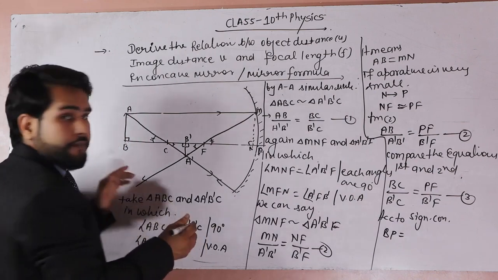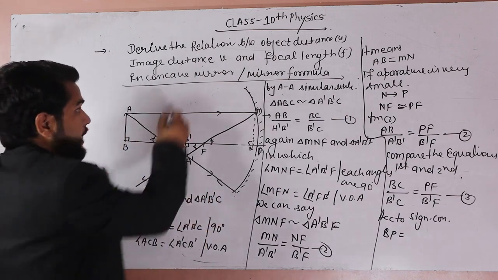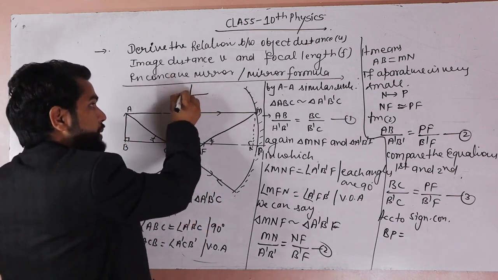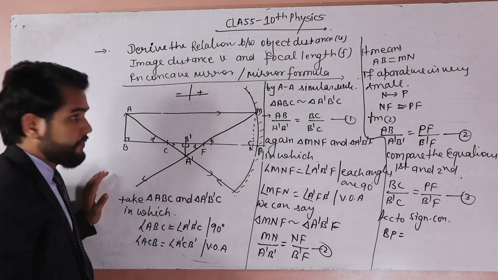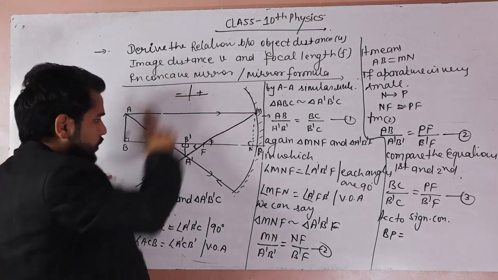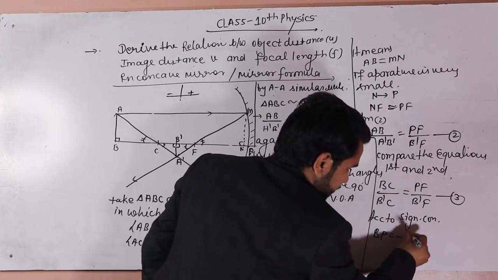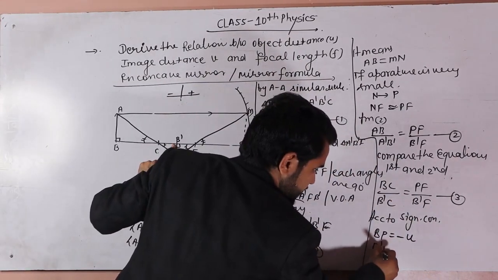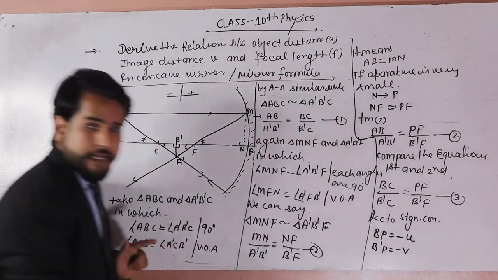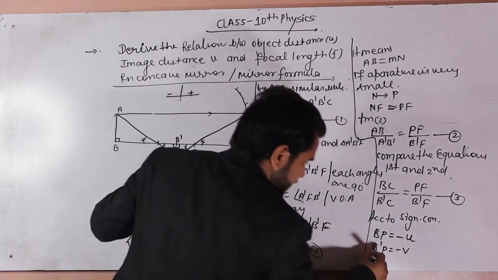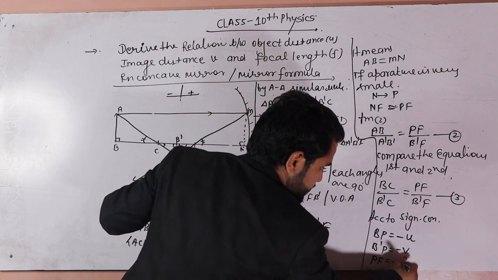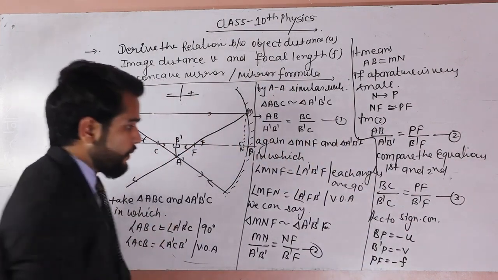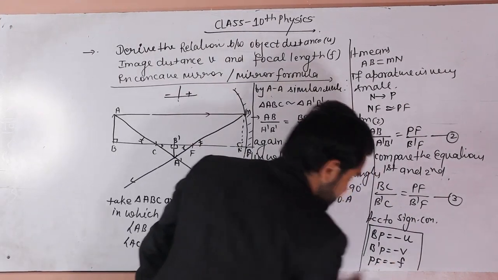Object distance lies on the left side, and according to sign convention, left side is negative and right side is positive with respect to the origin point. So object distance is minus u. B'P is the image distance, minus v, and PF equals minus f. Only these things we have according to this diagram.